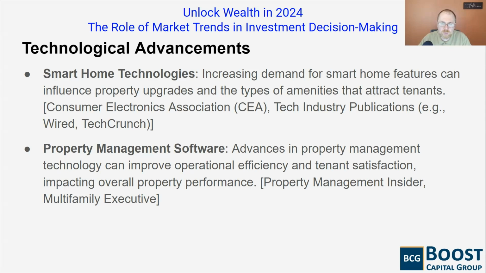Smart home could be from the thermostat to the door lock to smart switches, and now you can control everything online. So it's always a plus for a tenant to have a technology package like that. You can have sensors for leaks and all these things. So it's a lot of good features available.